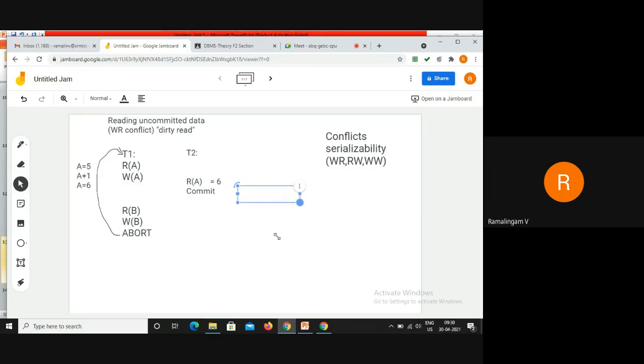This is one transaction, and this is another transaction. This is T1, and this is T2.